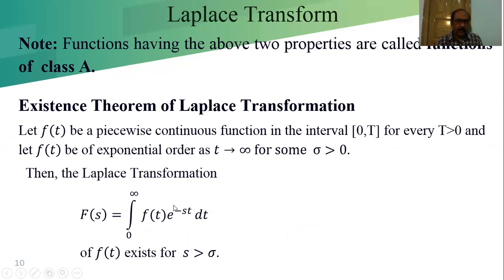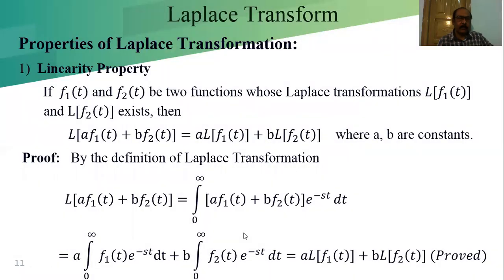Then F(s), that means the Laplace transformation of the function f(t), equal to integral 0 to infinity f(t) e to the power minus st dt, exists for s greater than sigma. This is from the definition, the existence of the Laplace transformation.